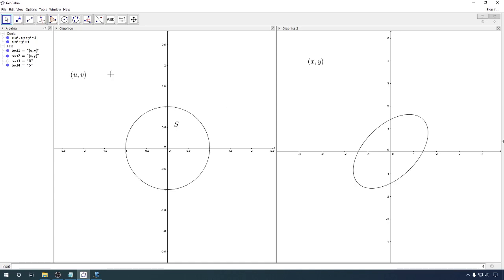So instead of having to integrate over R, this ellipse here, we get to integrate over the unit circle. And that's actually going to be a lot nicer than what we were trying to do over here.